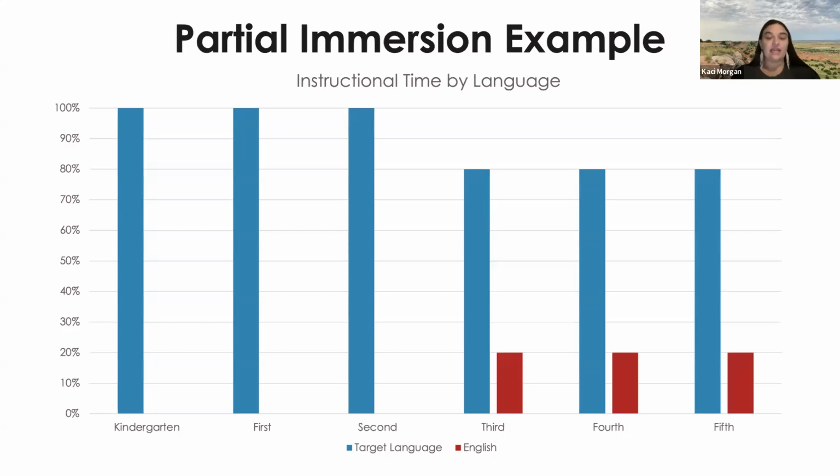In this specific case, the red bar that you see represents 20% of instructional time for those 3 grade levels. That 20% essentially represents students learning language arts in English, or taking an English class in English, for grades 3 through 5, while the remaining content, your science and social studies, would still be taught in the target or immersion language.